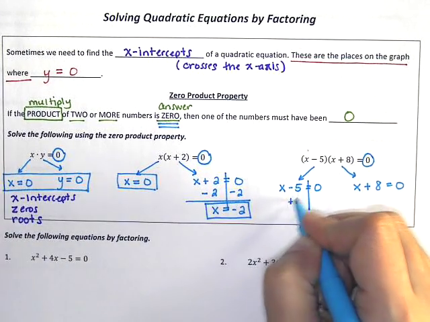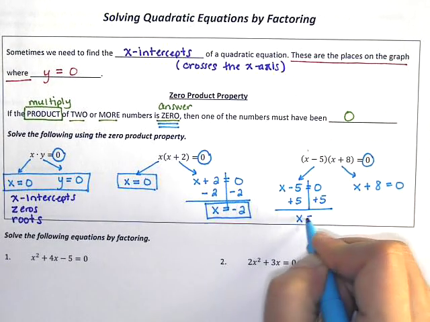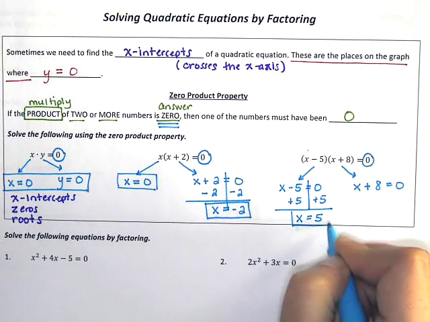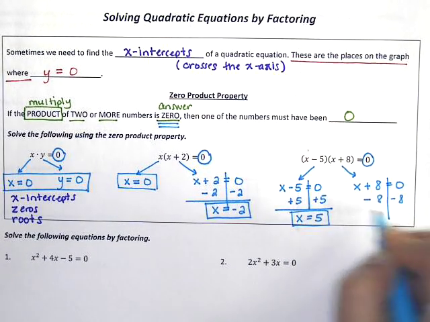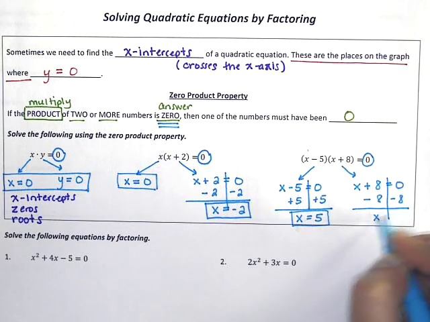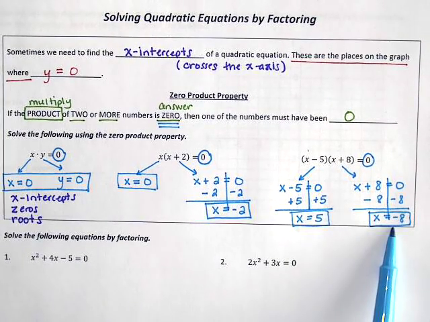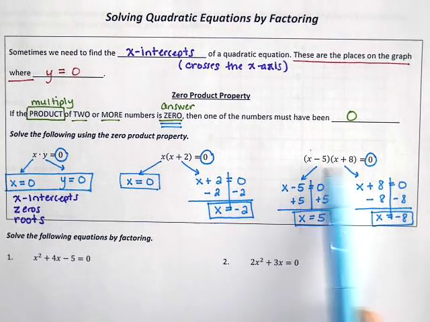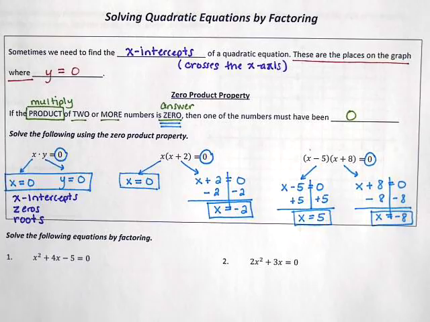So I would just add 5 on both sides of the equal sign here, and I would get x equals 5. And I would just subtract 8 on both sides of the equal sign, and I would get x equals -8. So again, there are two places where this graph would cross the x-axis, at the +5 and the -8. There's also two places where the equation would equal 0 when x is 5 or when x is -8.